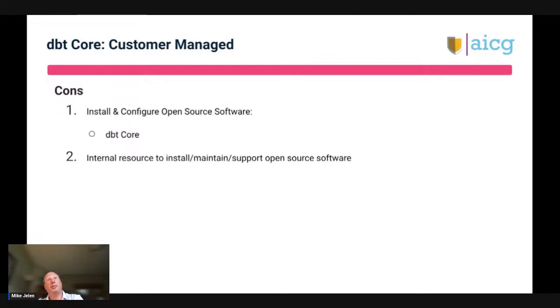And so in this partially managed option, there's a con, and your mileage will vary. Some might say, well, this isn't a con. Others will say, yes, I understand. And it really comes down to your organization's policy or ability to use open source software. Some organizations say we have a no open source policy. Others say we have an open source policy, and it needs to go through certain checks and balances.